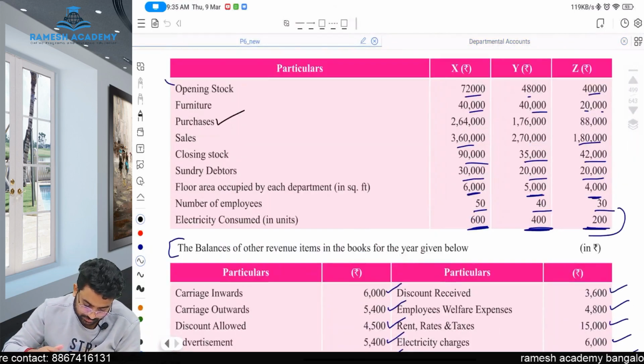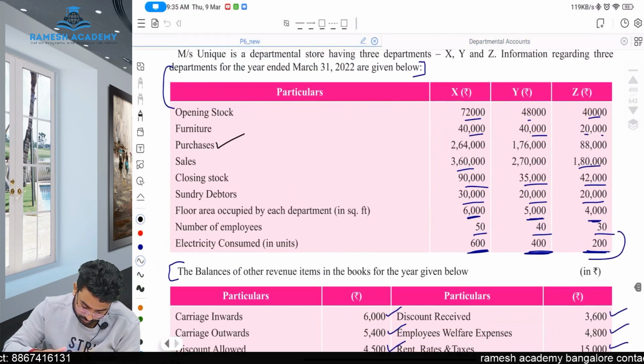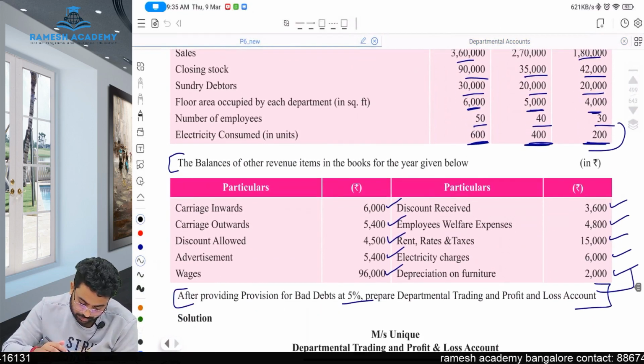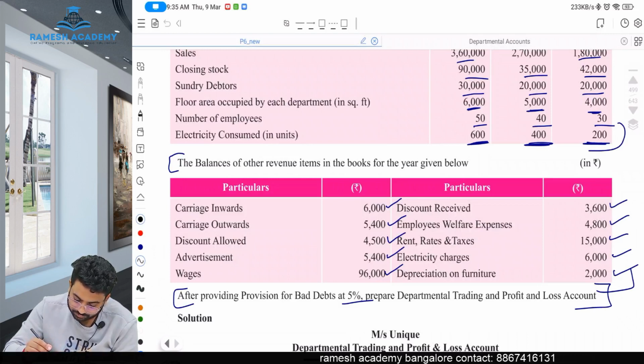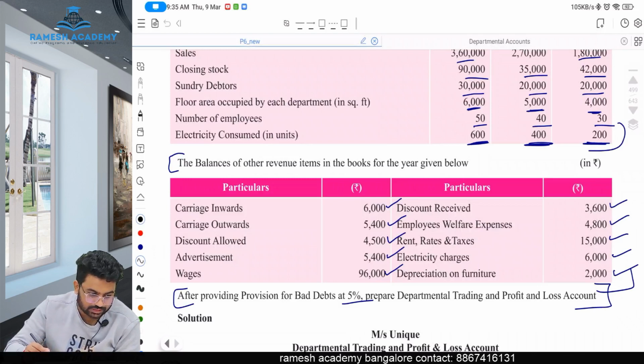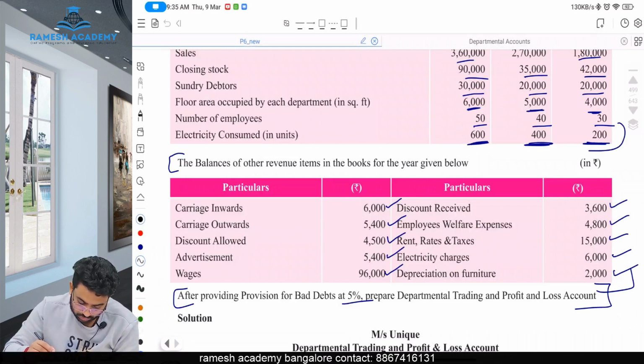Next, what is there, sir? Carriage outward is there, a P&L item. Advance discount allowed, P&L item. Advertisement, P&L amount. Wages is there, 96,000.